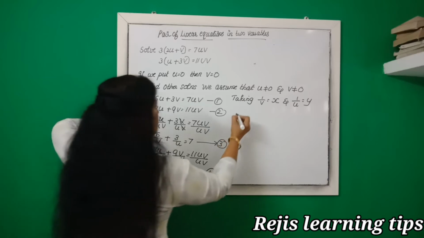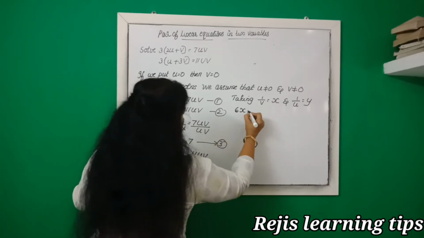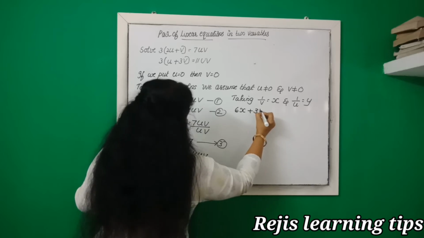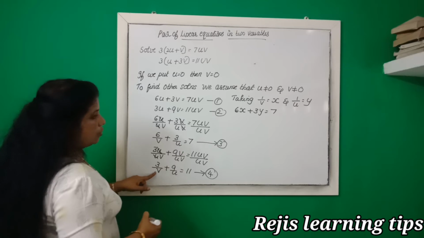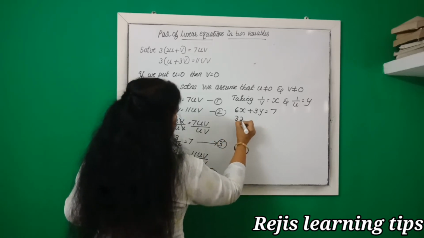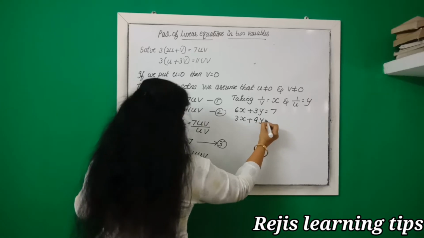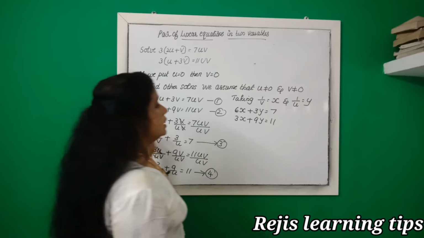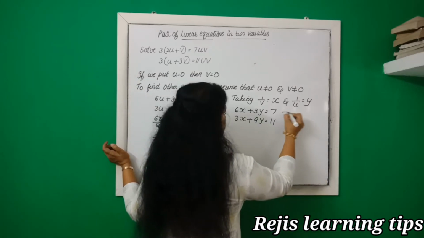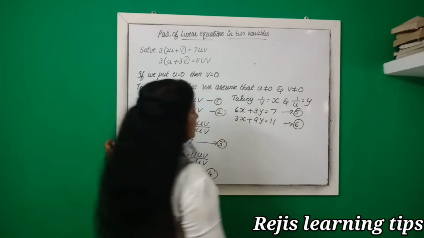Then 6 by v means 6x plus 3y is equal to 7. And 3 by v means 3x plus 9y is equal to 11. This is equation number 5 and this is equation number 6.